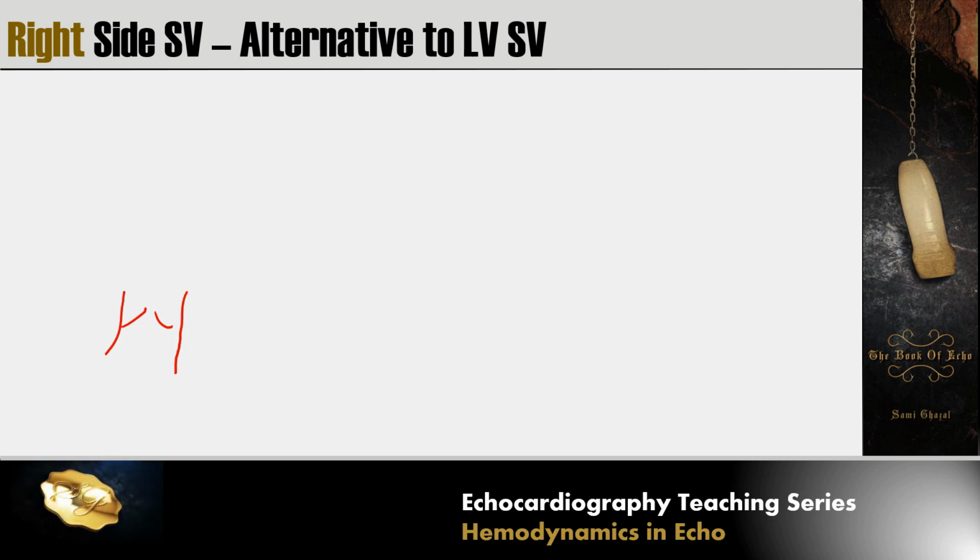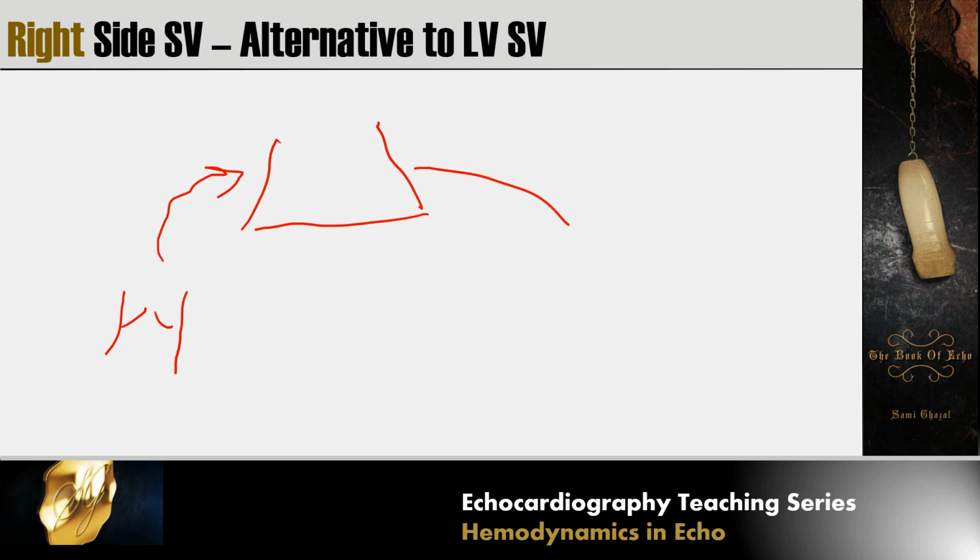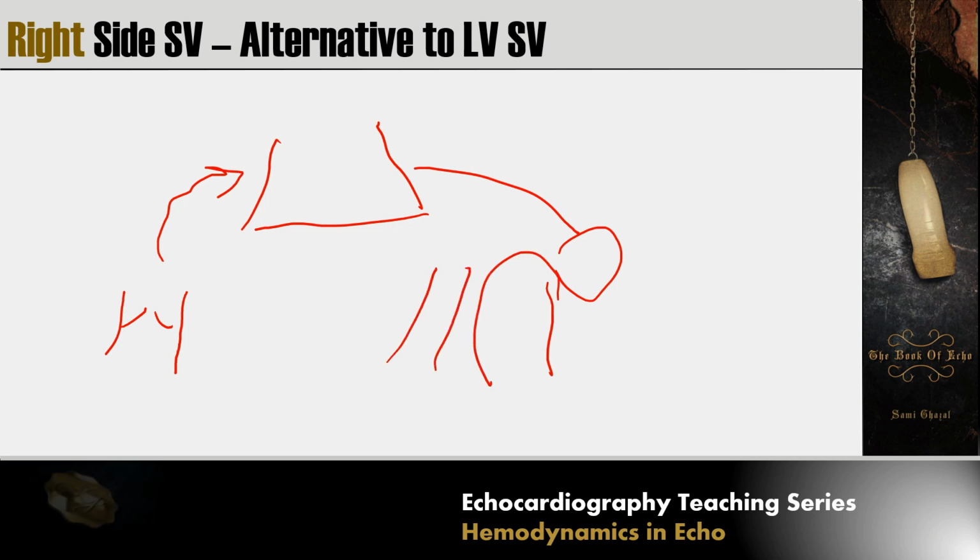Whatever volume will come out of the pulmonic valve will go to the lungs, and from the lungs will go to the LA, and from LA to LV, and from LV back to the aorta. So if 100 ml has left the pulmonic valve here or the RVOT, and this valve is not regurgitant, so nothing is coming back through the same valve, it will reach the lungs and all the way to the aorta, and it will leave the aorta, provided also the aortic valve is competent.